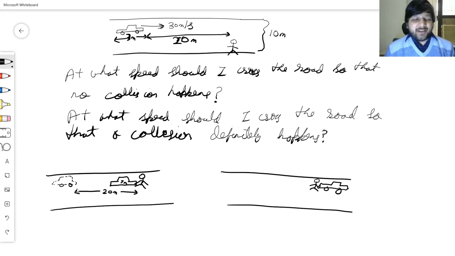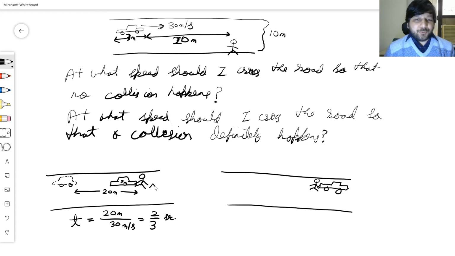So the vehicle's front bonnet has traveled a total distance of 20 meter. So the time taken for the vehicle to reach from here to here will be equal to distance upon speed, which comes out to be 2.3 seconds.